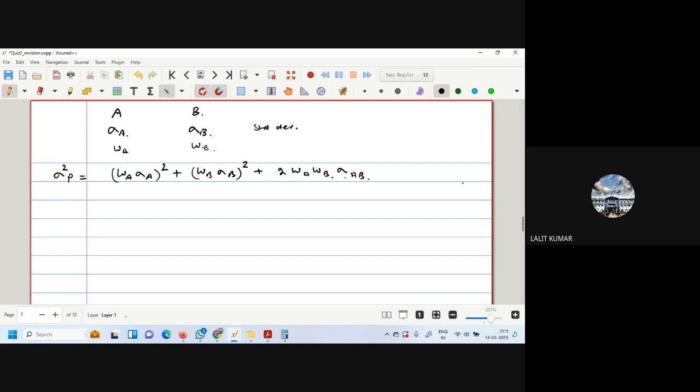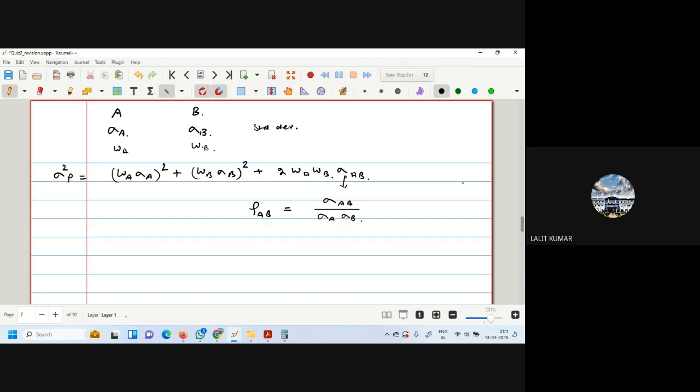Now from here, what we can derive: this sigma AB is the covariance of AB. We know that the correlation factor rho AB is equal to covariance AB divided by the standard deviations of A and B. This is the formula.